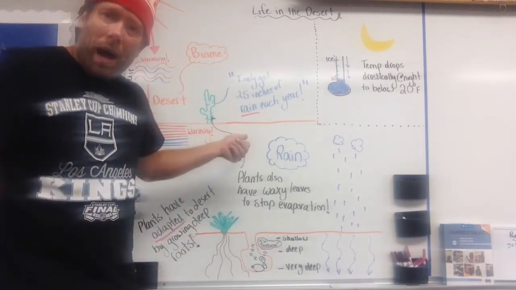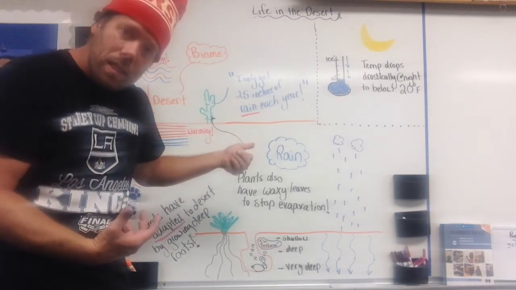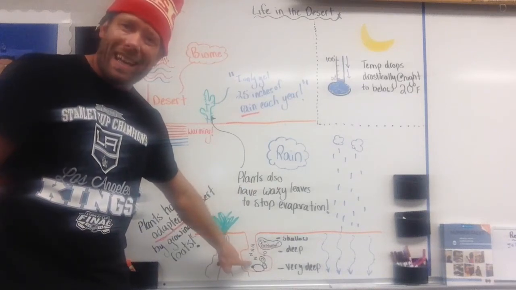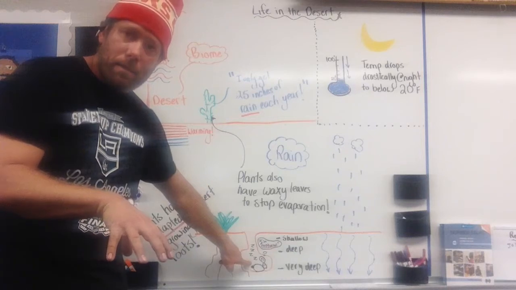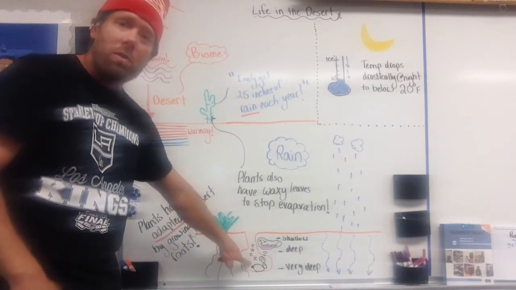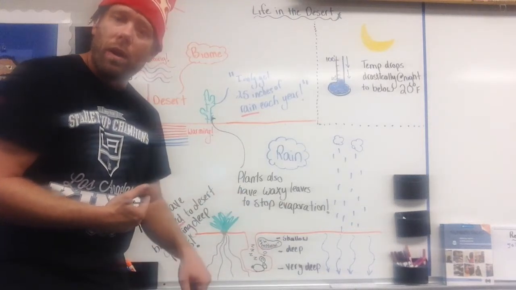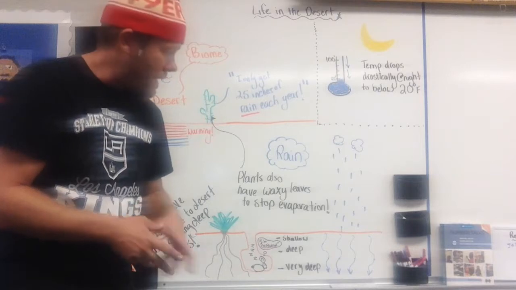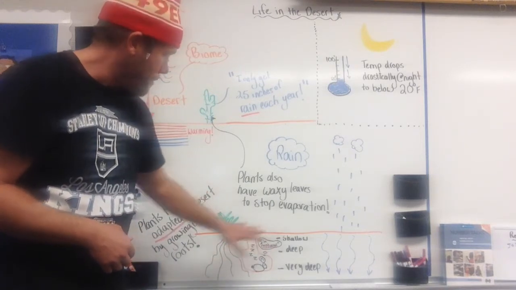But in the desert biome, because it's so hot during the day, animals have adapted by sleeping during the day, maybe underground like in a tunnel where it's kind of cool and the sun's not getting to it. Then at night when the sun goes down, they come out of their little hole and can do their eating and living during the night. So that means nocturnal, sleeping during the day.